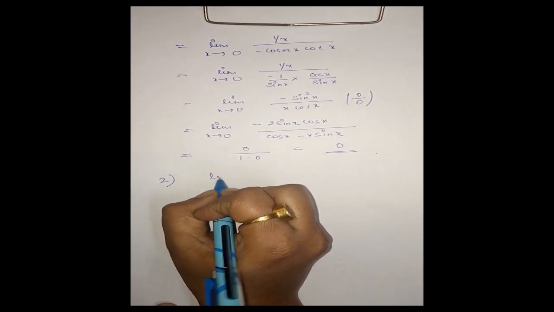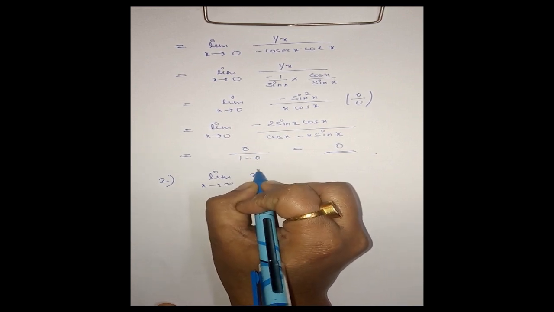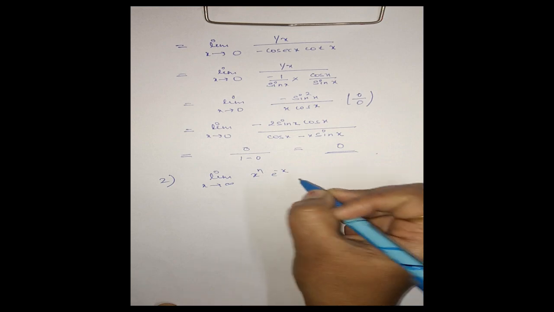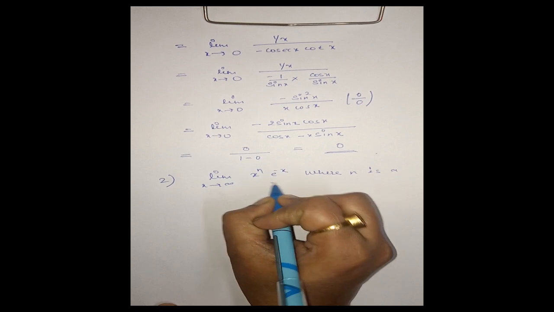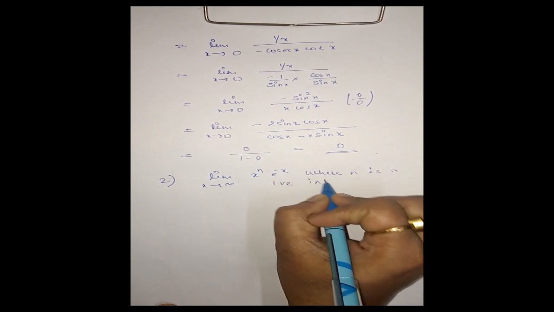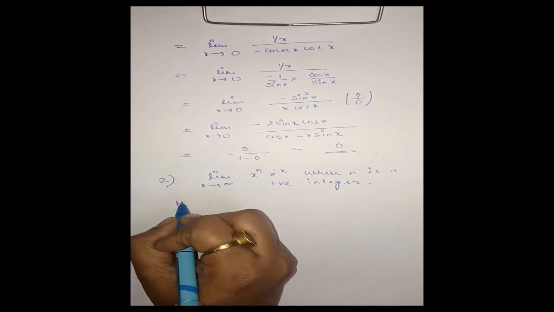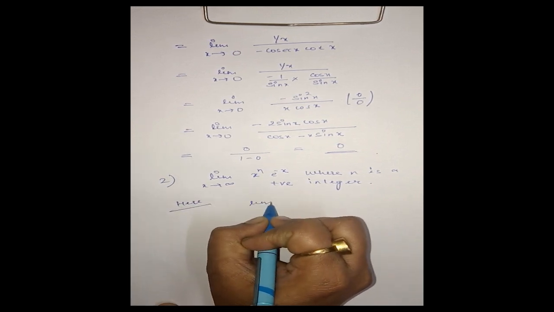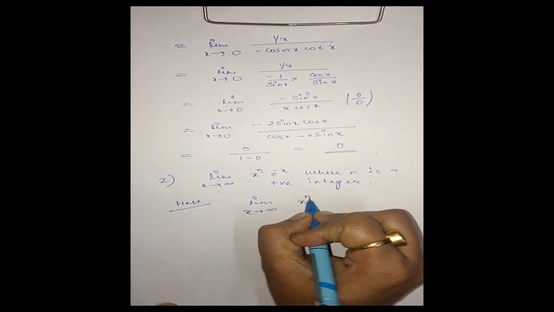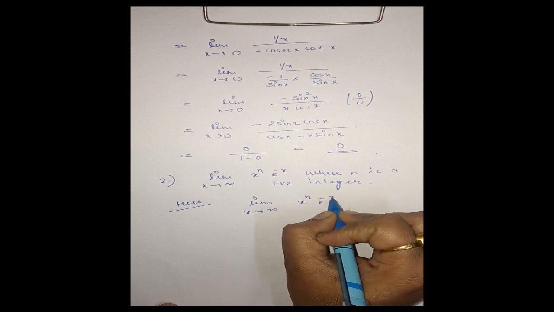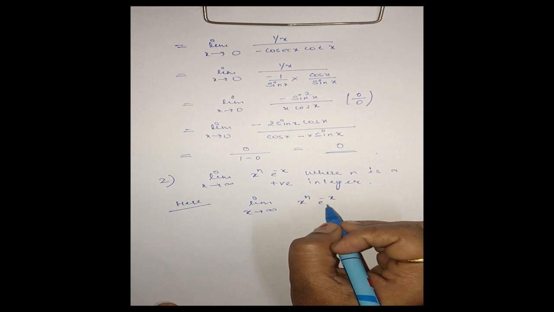To find limit x tending to infinity x power n e power minus x, where n is a positive integer. Okay. Now here limit x tending to infinity x power n e power minus x, this is infinity power n into e power minus infinity.